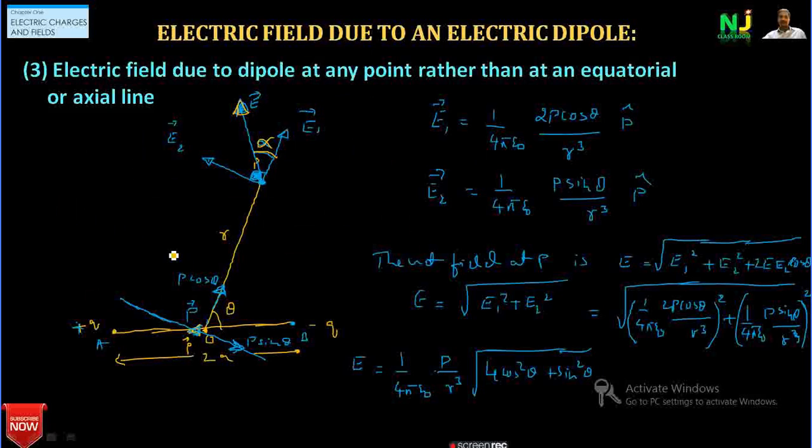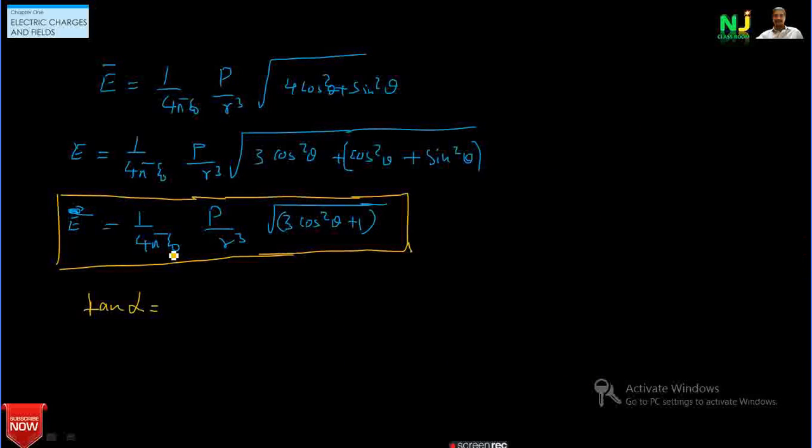What is E2? It is 1 by 4 pi epsilon naught, p sin theta divided by r cube. Divided by E1, which is 1 by 4 pi epsilon naught, 2p cos theta divided by r cube.